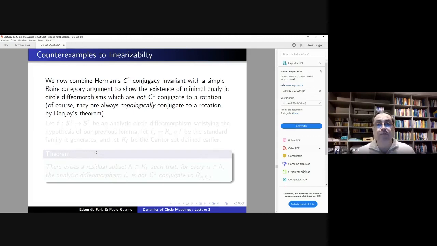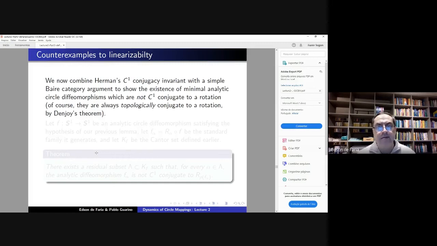So examples of what? These are examples of analytic diffeomorphisms, which have irrational rotation number, but are not even C1 conjugate to the corresponding rotation. Okay, we know that they are topologically conjugate because of Denjoy's theorem, but they are not even C1 conjugate to a rotation. And the reason why this happens is because the irrational rotation number is actually very bad, okay?